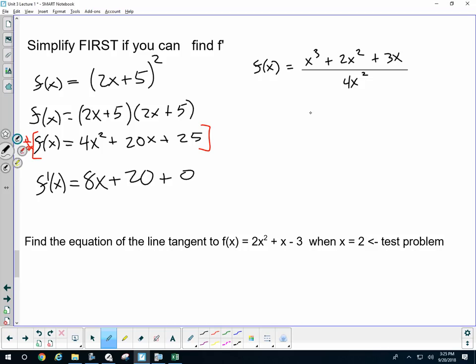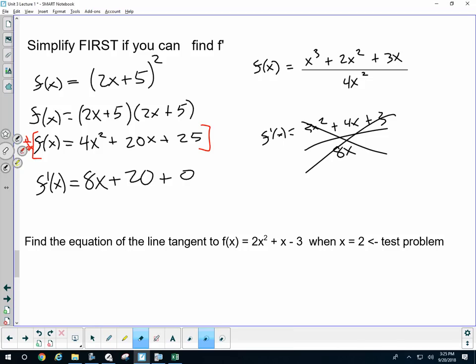What about this guy? Now, my instincts are telling me to just take the derivative of all the terms, but that's not going to be right. So we're not going to do that. Instead, how can I simplify something like this so that I don't have a fraction and I don't have division? Any ideas?